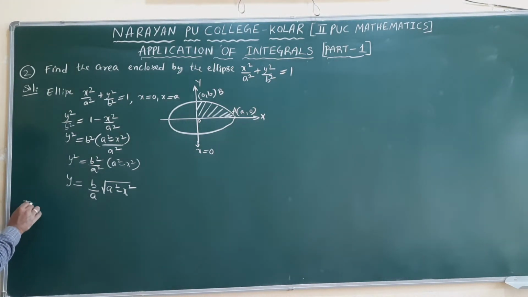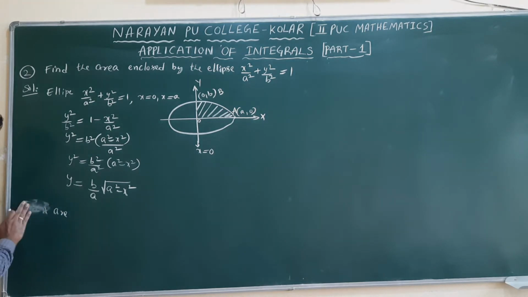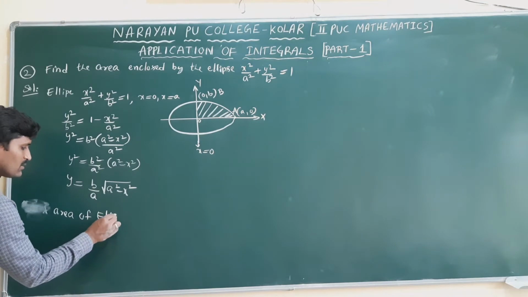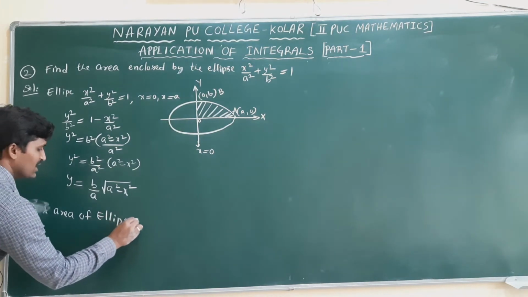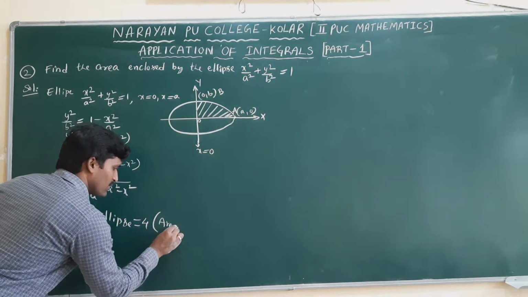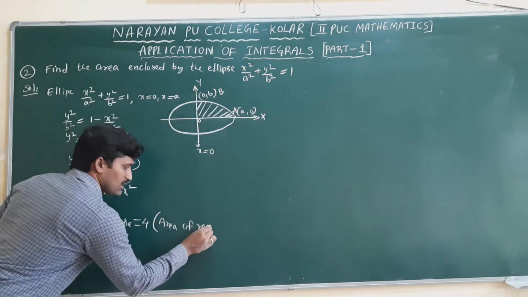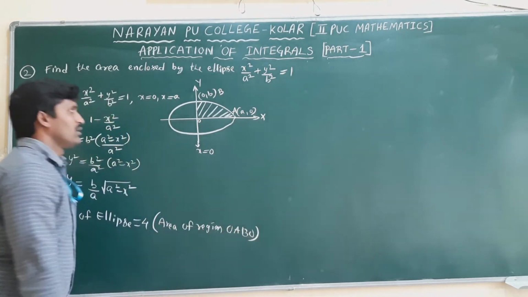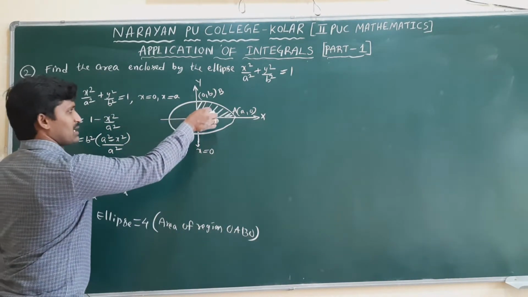Now the total area of the ellipse equals 4 times one part, the area of region OABO, because this is one part and the total is 4 parts.